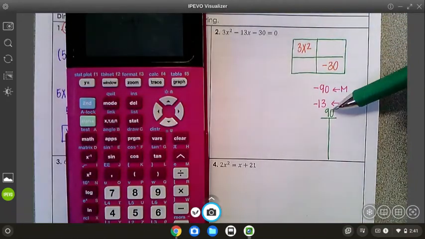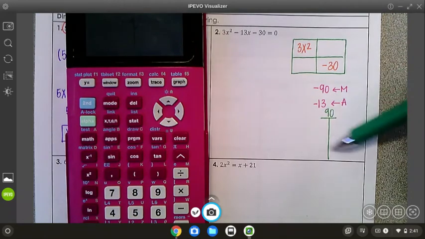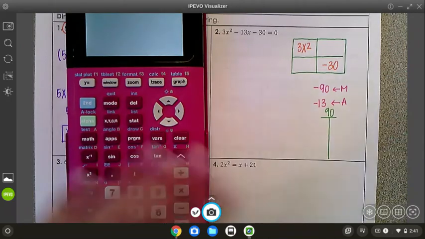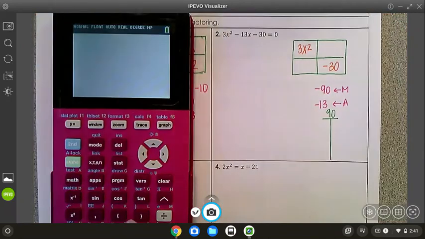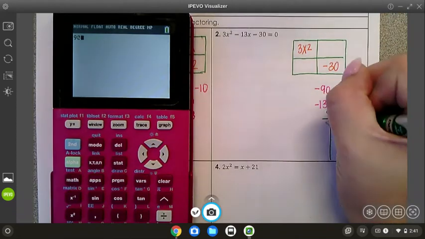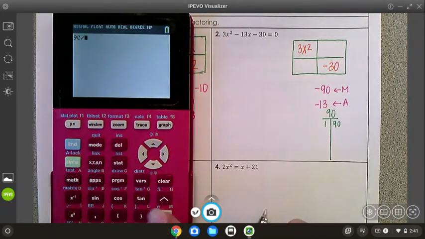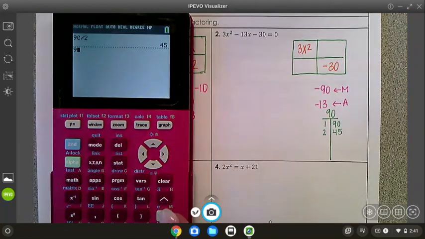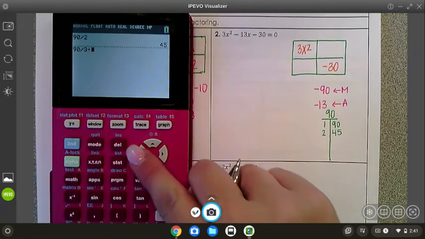Sometimes you will know those numbers right off, and you don't have to make this t-table. This is only to help us look for these two magic numbers. So if we just take 90, well, I know 1 and 90. 90 divided by 2. 90 divided by 3.